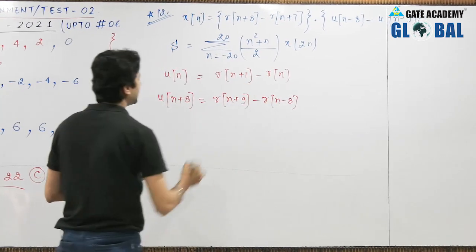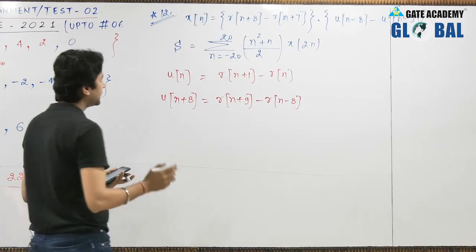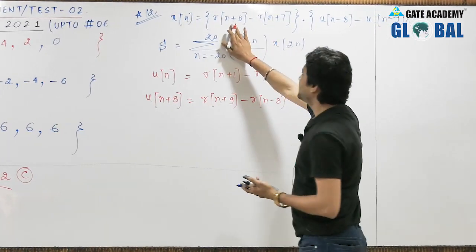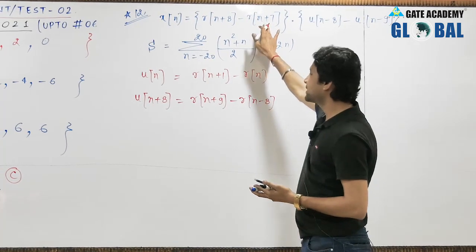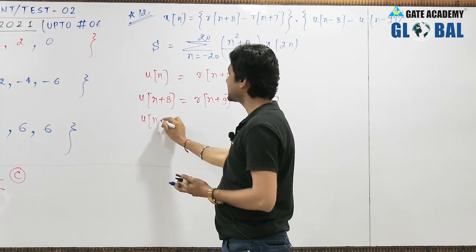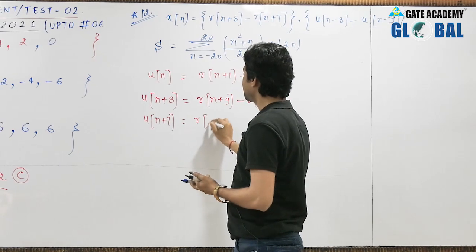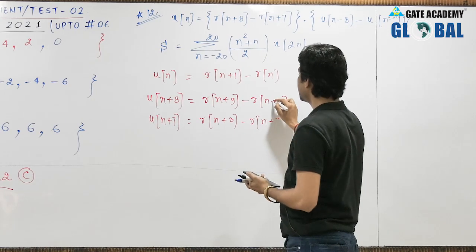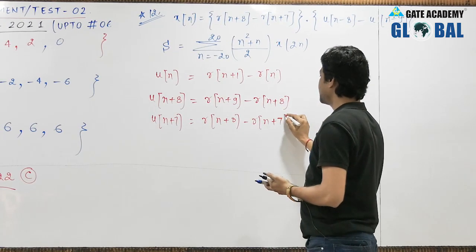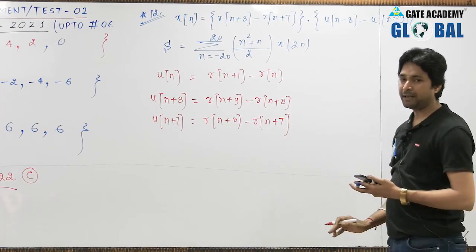So this result will give you u of n plus 8 only. Now you see here, r of n plus 8 minus r of n plus 7. Therefore, this term is n plus 7. So you can write u of n plus 7. It will be r of n plus 8 minus r of n plus 7. Signs will be the same in both the cases.